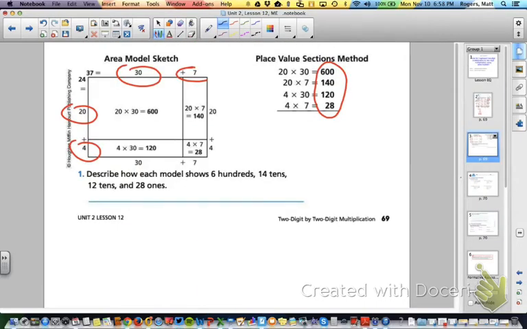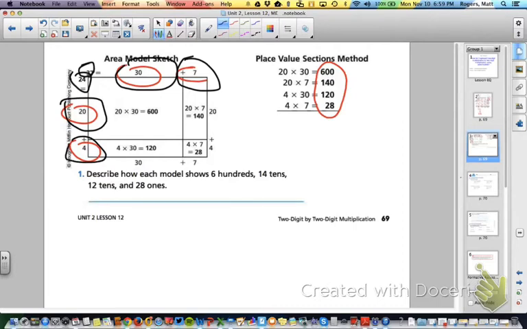In addition to the math board model, we have our area model sketch, which is a quicker method of doing the same type of information. So again, I have this 37 times 24. I expand it into 30 plus 7, and 20 plus 4.